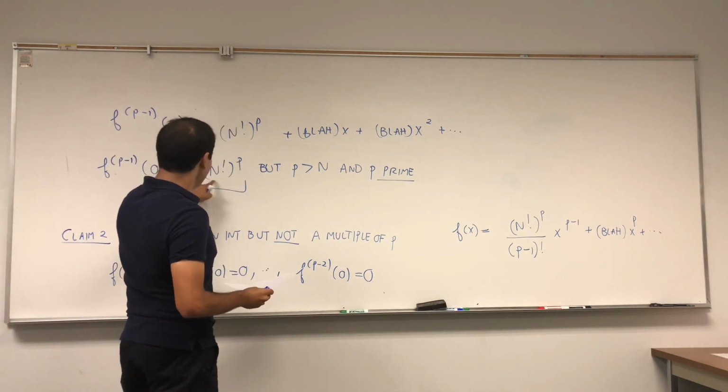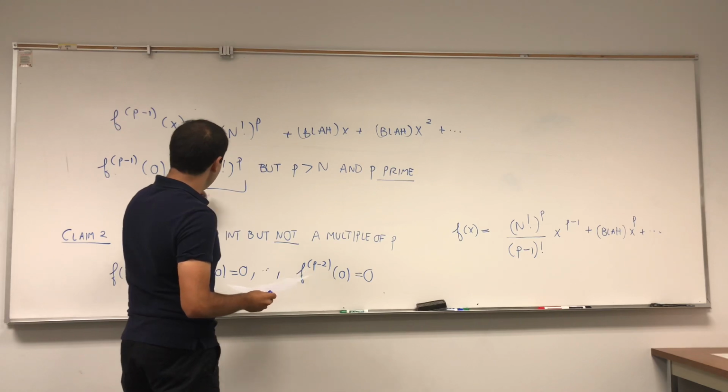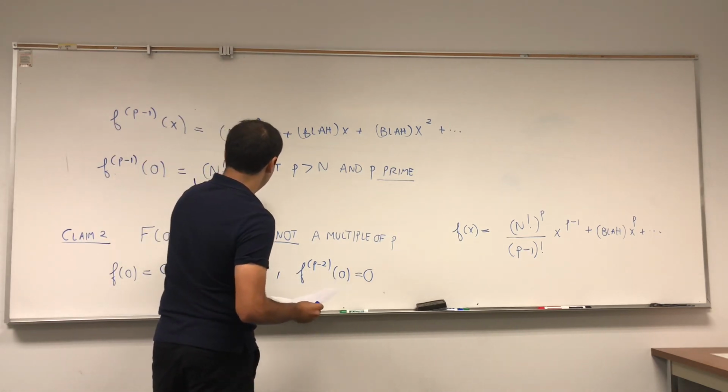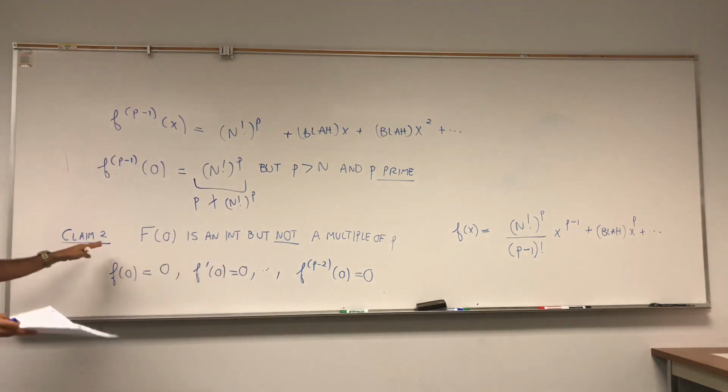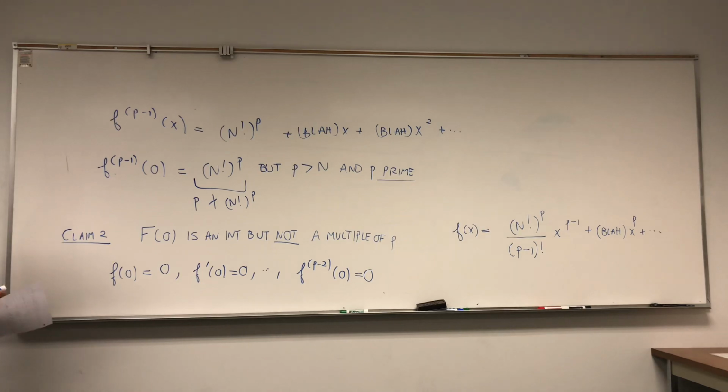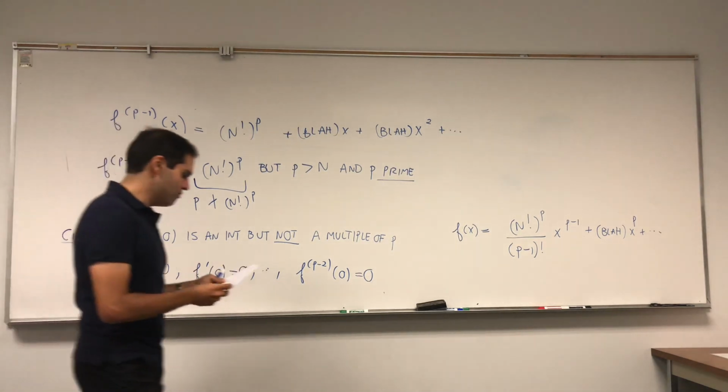So even though this is a gigantic number, p doesn't divide that number. Which is good, because we want to show that ultimately capital F of 0 is an integer, but not a multiple of p.